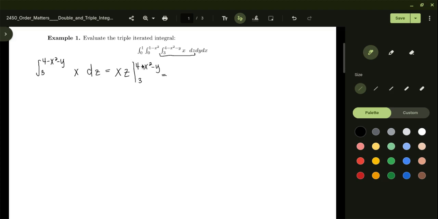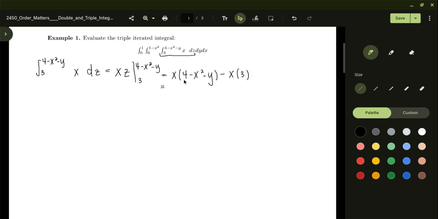Now we substitute in these bounds for z, because that's what we integrated over, and then subtract the two resulting expressions. First plugging in 4 minus x squared minus y, and then subtracting x times 3.